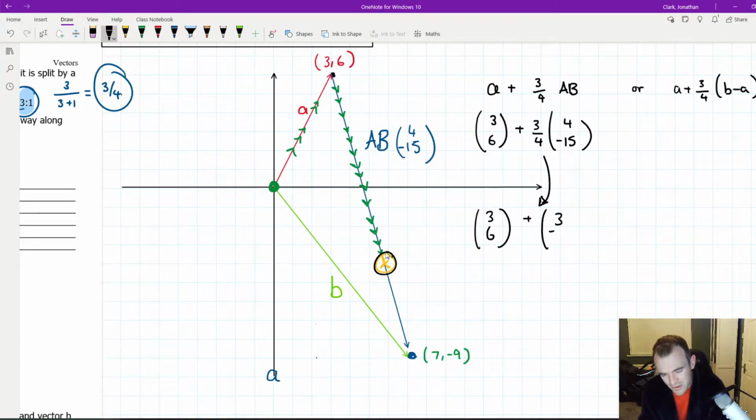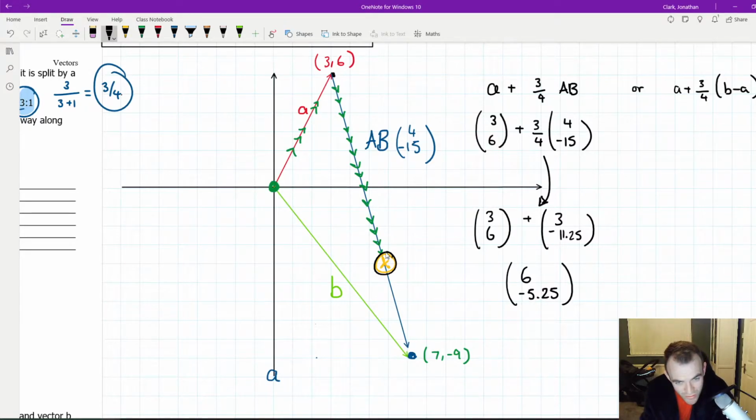That's minging, isn't it? 45 over 4 is 11 1/4. You can just type that in on the calculator. That's not a problem. Now let's work with these values. 3 plus 3 is 6. 6 take away this number is going to give us minus 5.25.